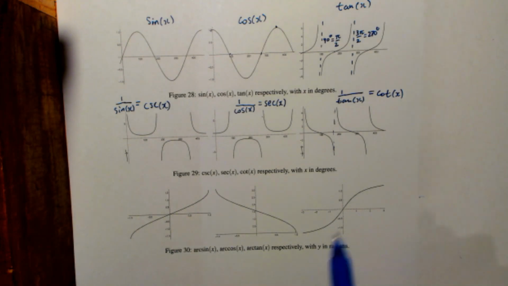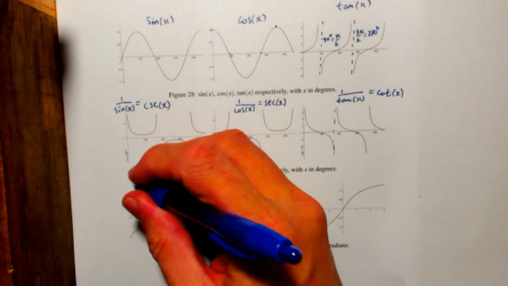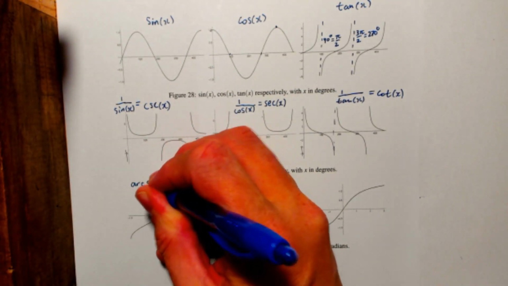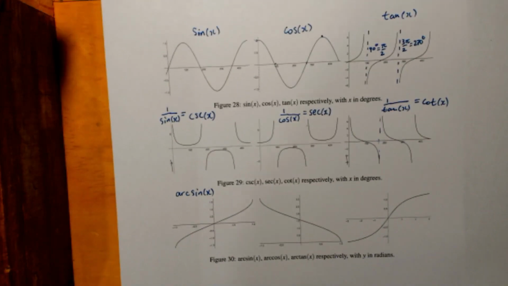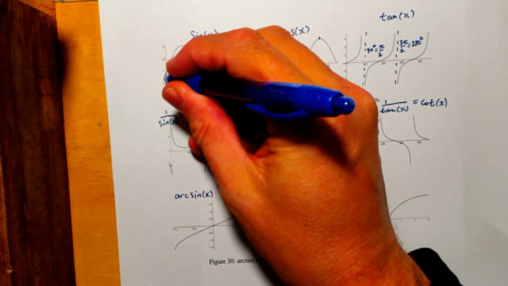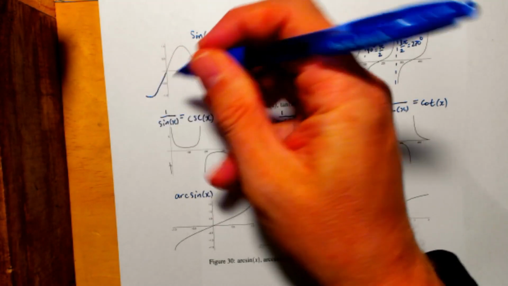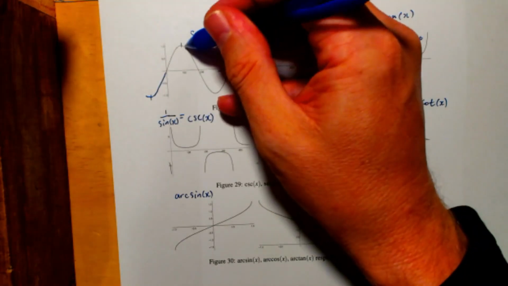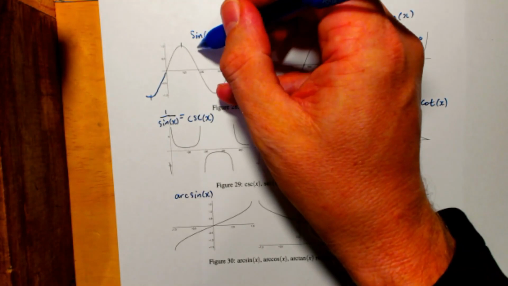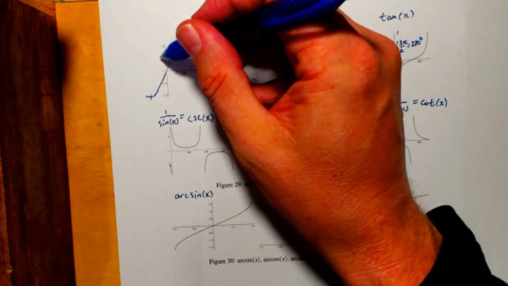Alright, now these down here are plots of the inverse functions. So this is arc sine of x, which you know on the calculator as sine superscript minus 1 of x. But I'll draw your attention to what this is. So if we take the sine function back this way, okay, and consider it from here to here, and think about horizontal lines intersecting this segment, right?